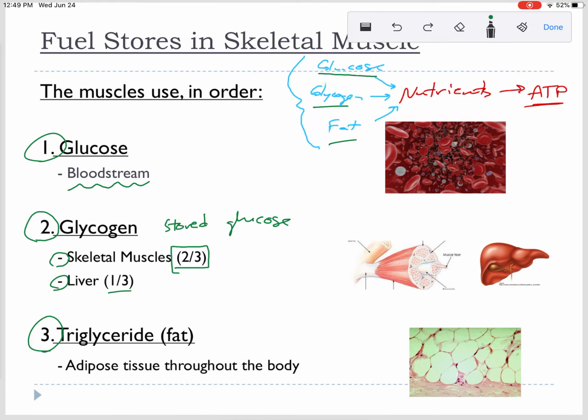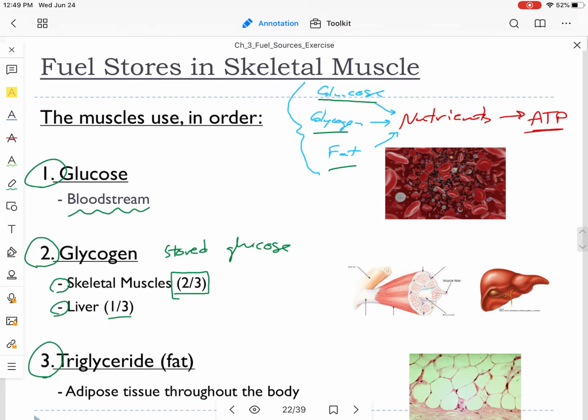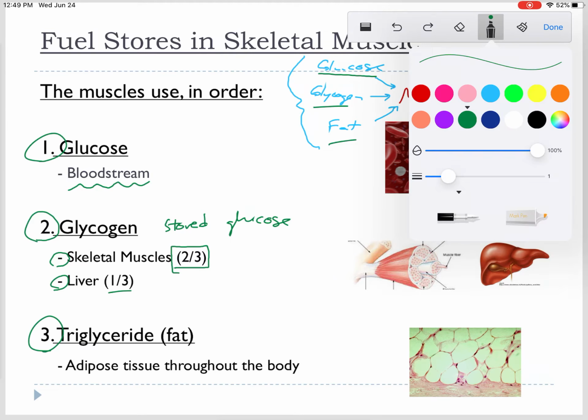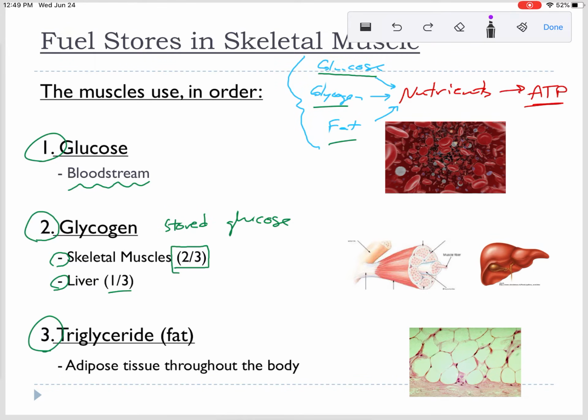Now, as I mentioned in the previous video, in our general principles of nutrition, we tend to be burning a mixture. I'm going to change colors because I want this to really pop. How about purple? Ooh, I like purple. We are pretty much always burning a mixture of all three of these.